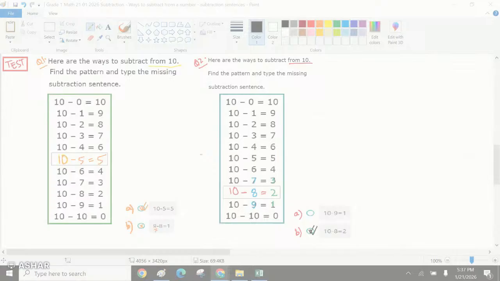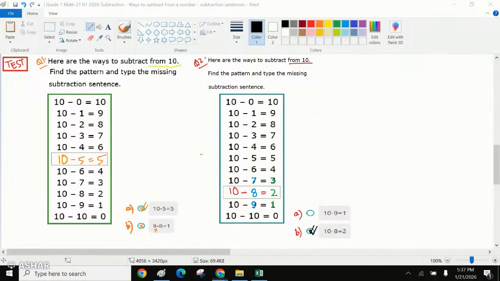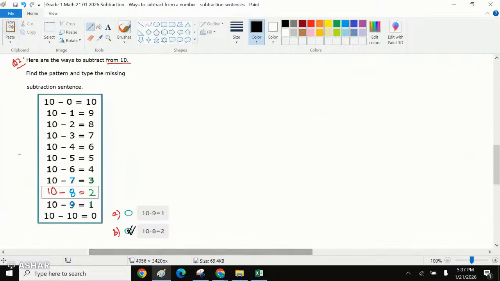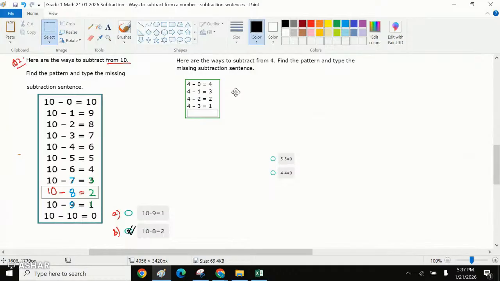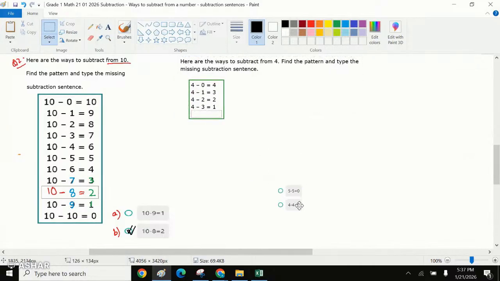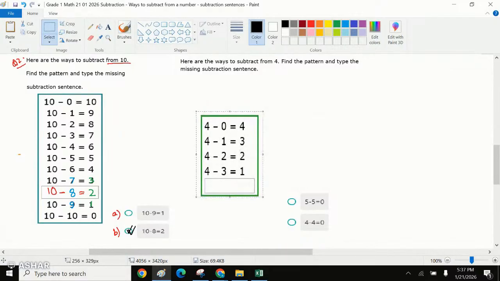For the next question we have, they're saying find the pattern for subtraction from 4. So let's see what values are given to us. If these are the values that are given to us, and the options are these, and these are the sentences.